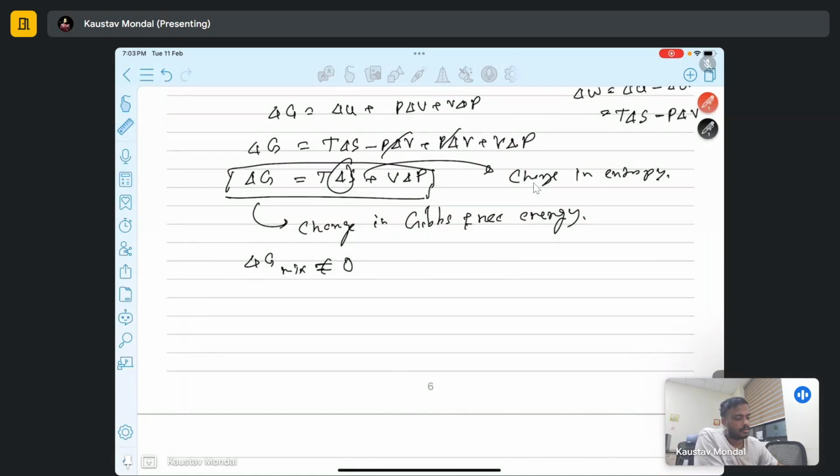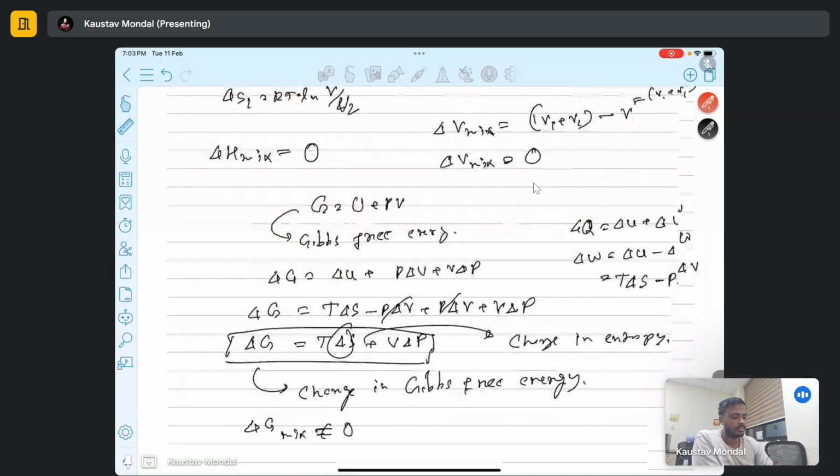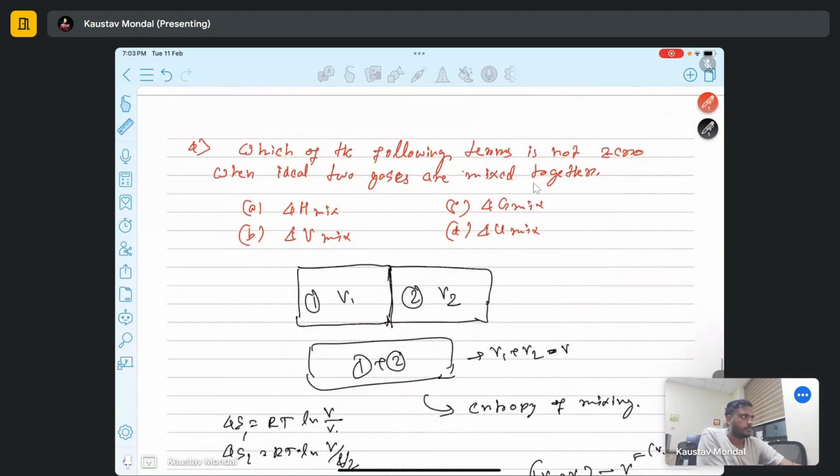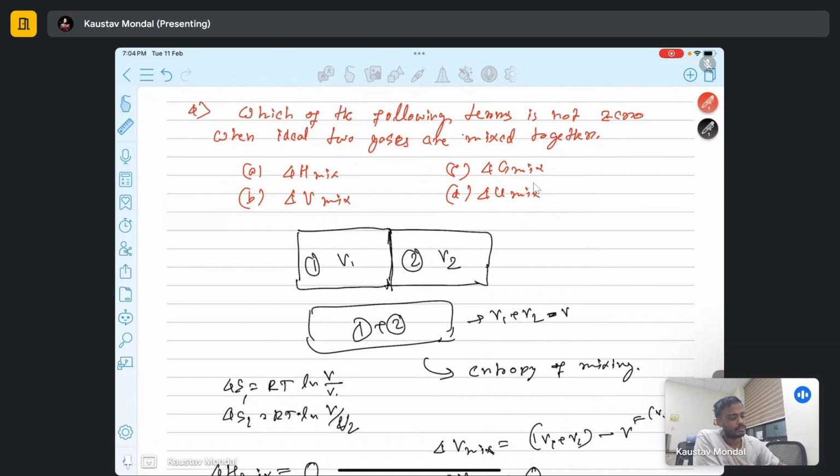So now this should be the answer, but for the sake of completeness, let's also look at delta U mix.